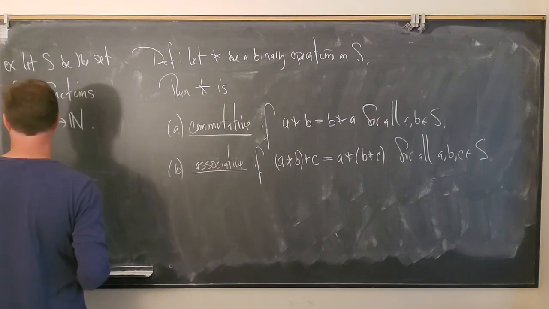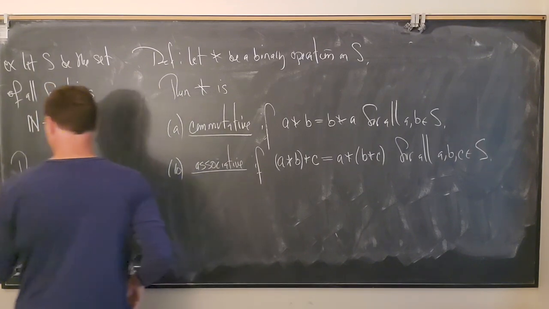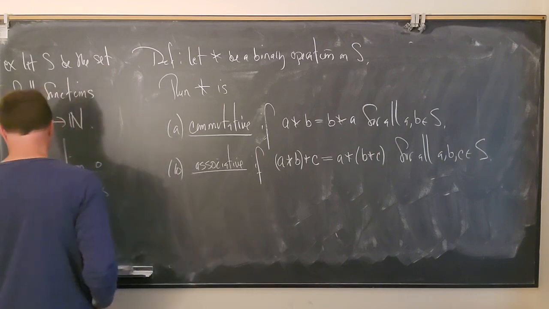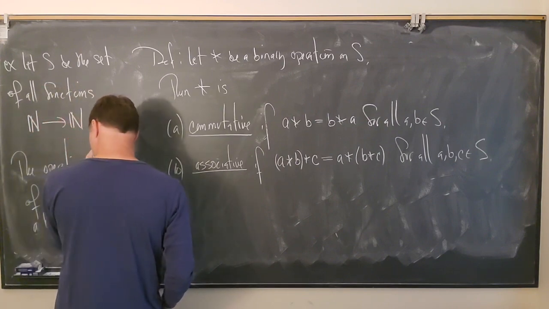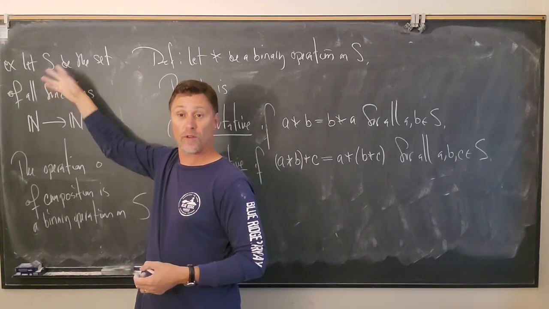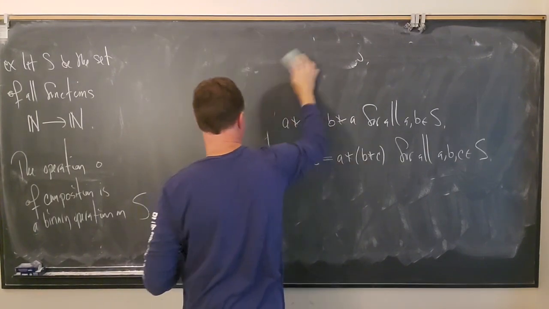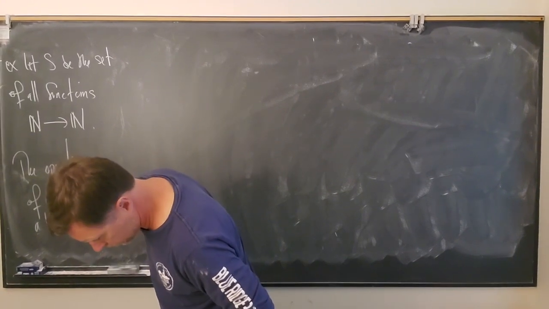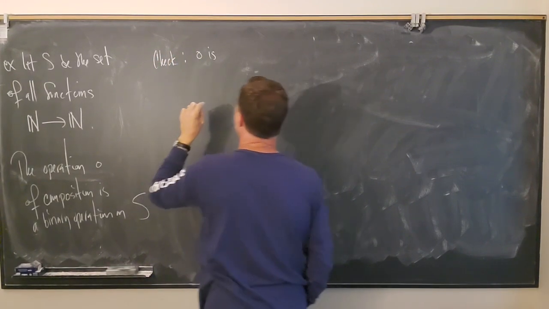Now, the operation, and let's use the usual symbol, the circle of composition, is a binary operation on capital S. You can check that composition of two functions living in S gives you a function that's also in S. As an exercise, check that circle is associative.